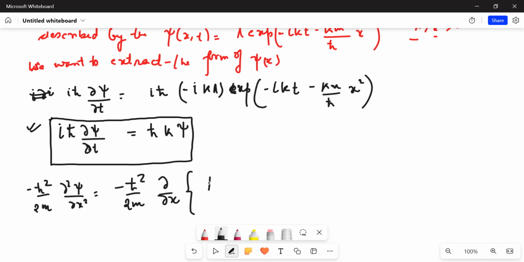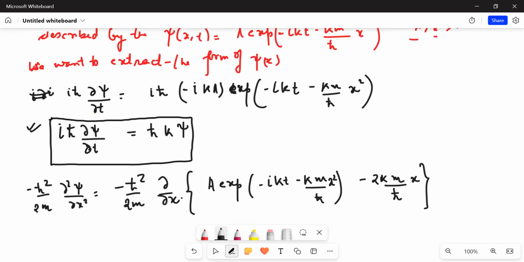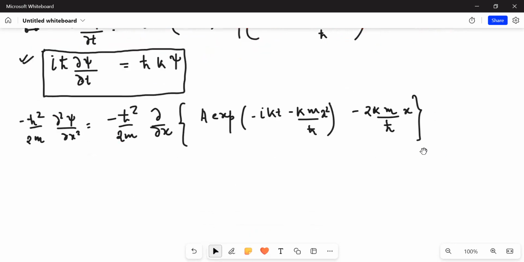So this will be A exponential of minus iota kt minus km upon h-bar x square, and this thing becomes minus 2 km upon h-bar times x. So this is your first derivative.